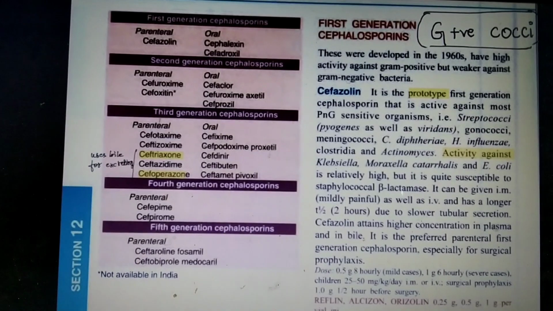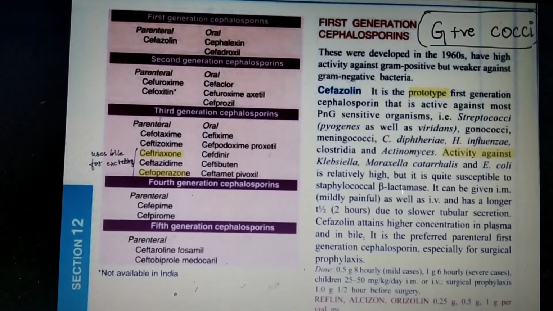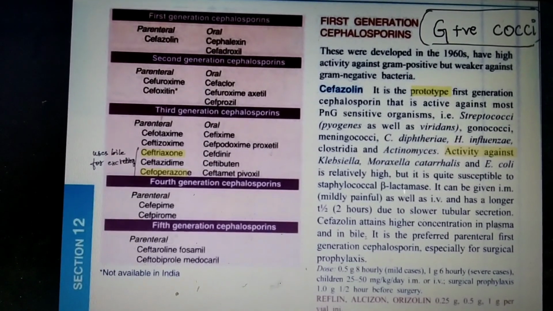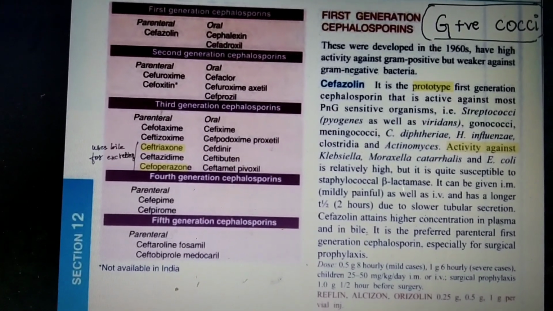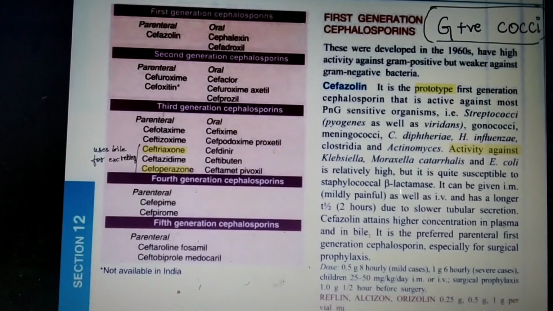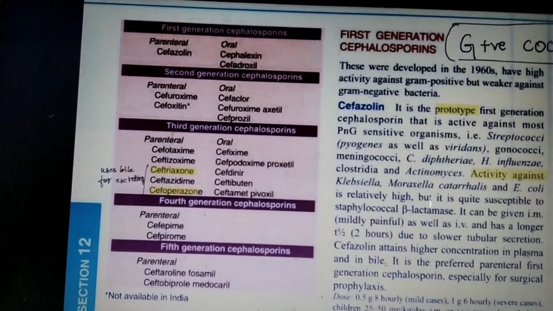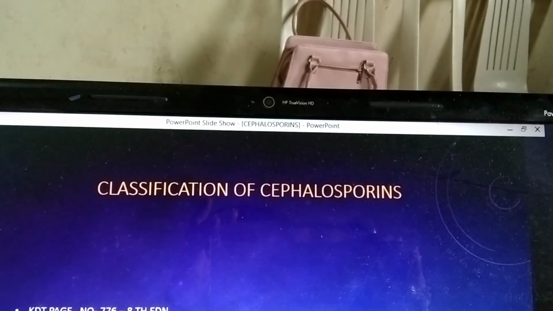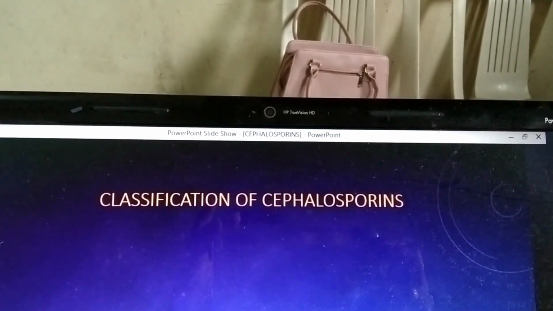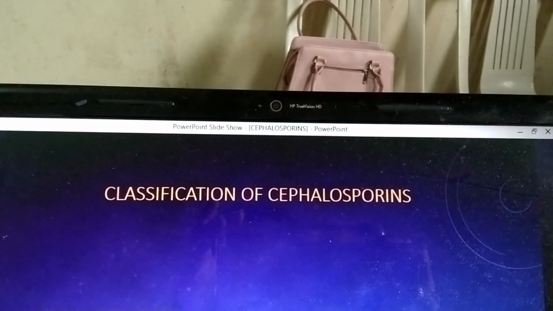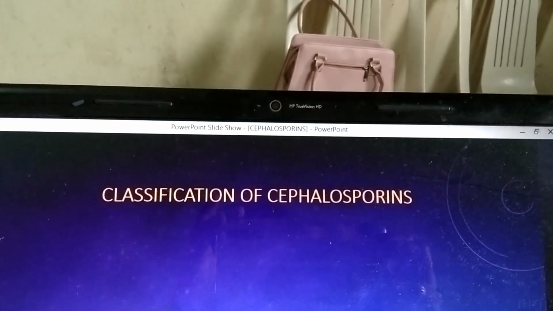So these are the newer cephalosporins which are added in the 5th generation. So just now we have seen the classification of the cephalosporins. Now going to the further part.